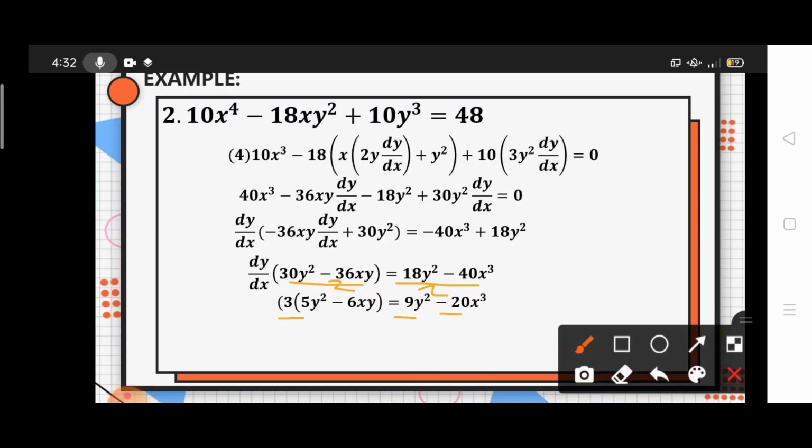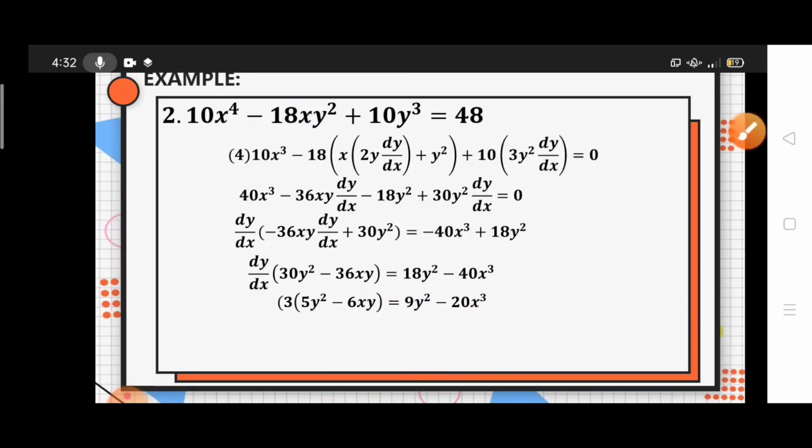And then let us divide both sides again by 3 times 5y squared minus 6xy. Then cancel out.